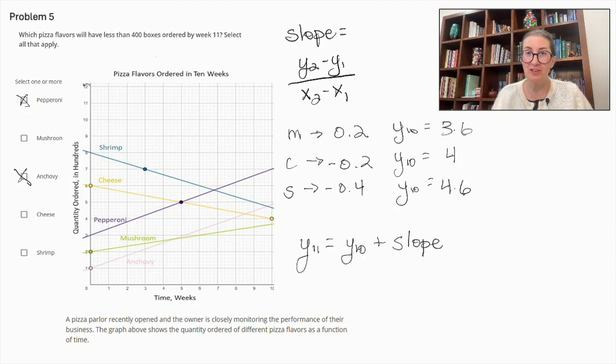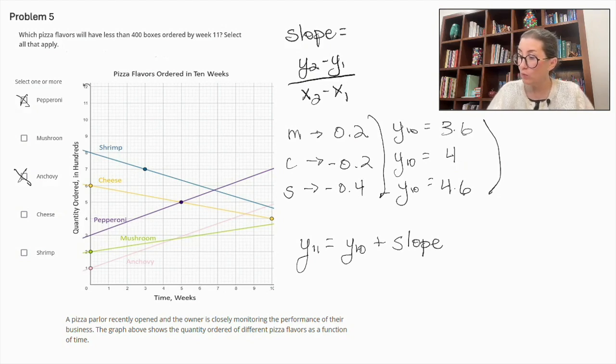So now we can calculate the value for week 11 because we've got the week 10 values for Y and we've got the slope.